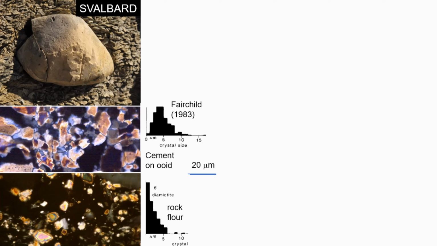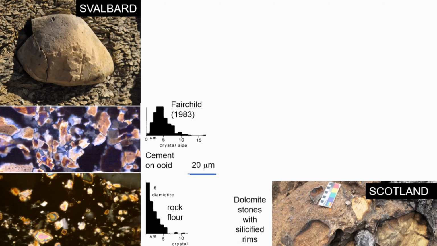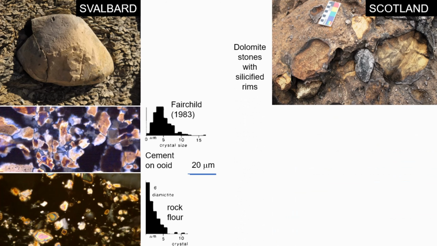Whereas faceting and striations of subglacially transported stones can be seen in the Sturtian of Svalbard, in Scotland, stones cannot be easily extracted from the matrix, and sometimes they show siliceous quartz-albite reaction rims forming during deep burial, as in this example on the upper right.